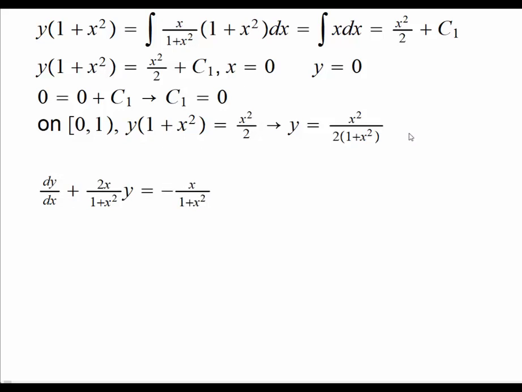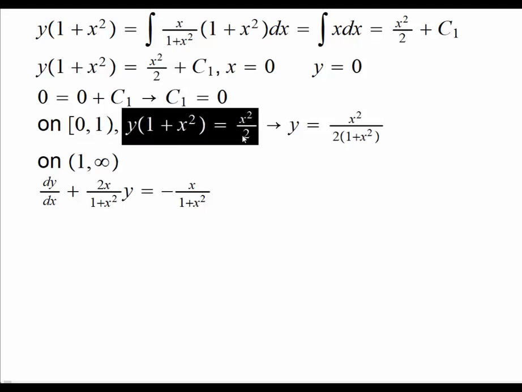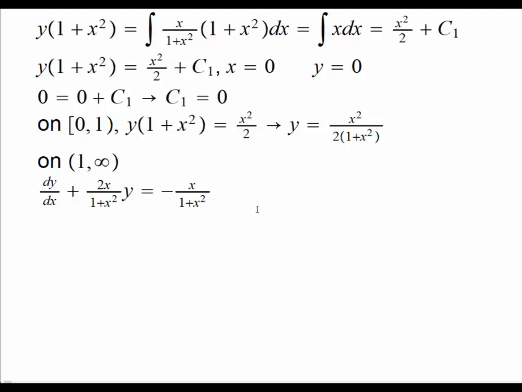All right, so going along the same lines, the solution would be what? We got this whole thing, and of course here we will have a negative sign, and then we have another constant, say c2.